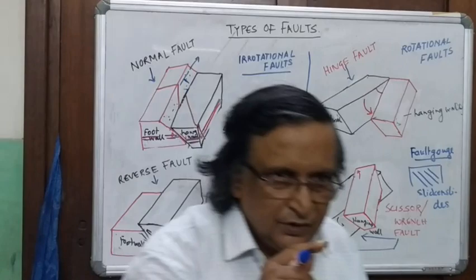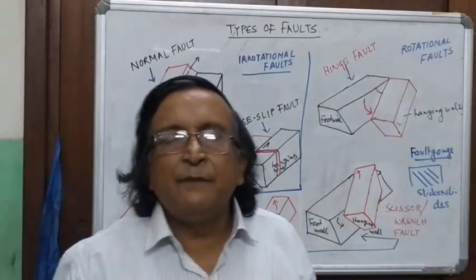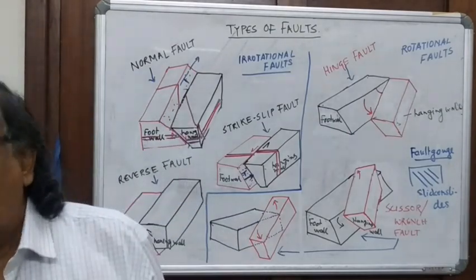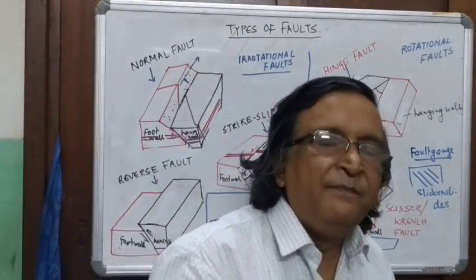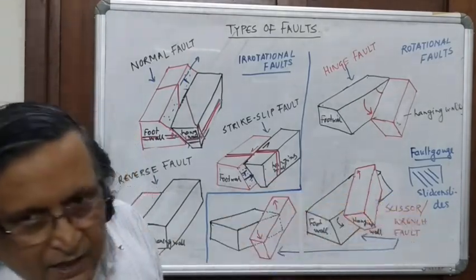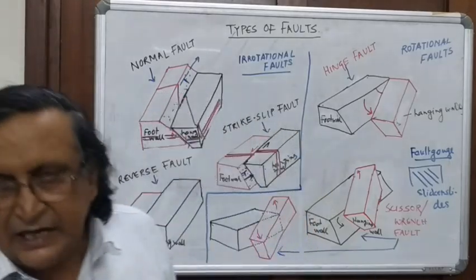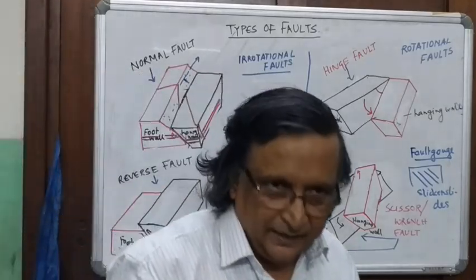And also, she will draw it after I finish. There is something called an oblique slip fault. Oblique slip fault means the movement is neither parallel to the strike nor parallel to the dip. It's oblique. So the net slip is oblique to the fault plane.